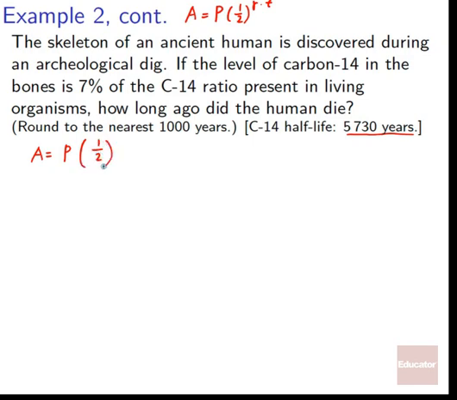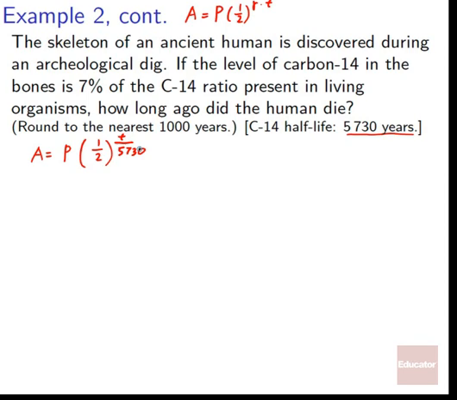We want a 1/2 to occur every 5,730 years. That way, when t equals 5,730, we'll have an exponent of 1, and it will cause the half to go once. If it's 5,730 years twice, we'll have an exponent of 2, and we'll get 1/2 times 1/2, 1/4. Great, so that makes sense what's going on there.